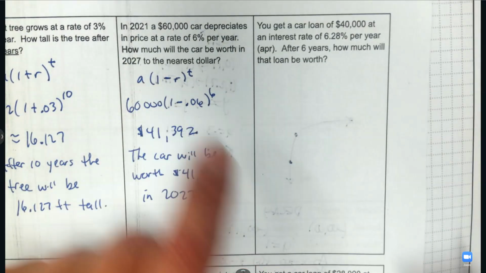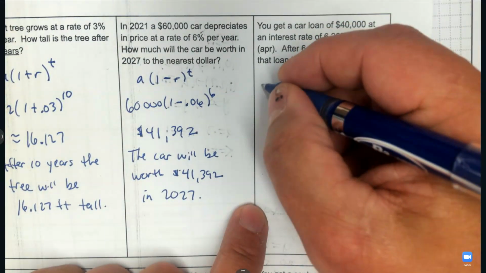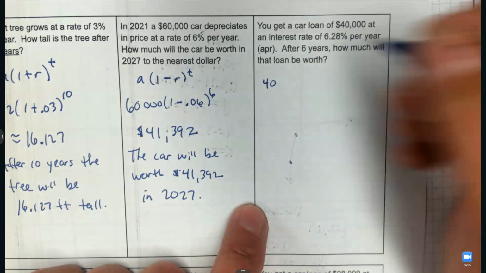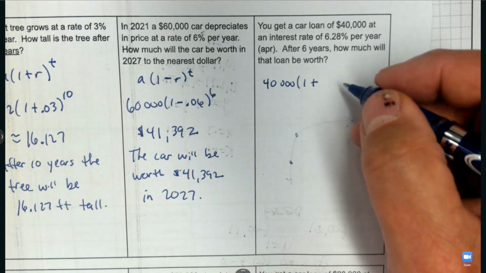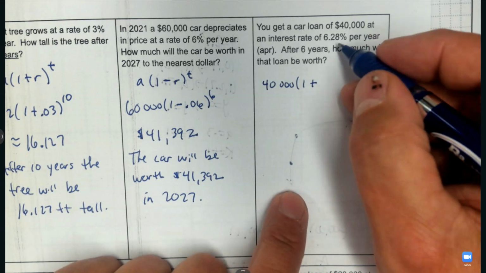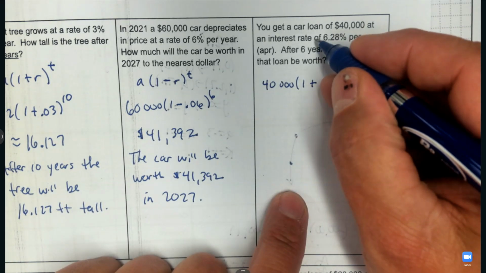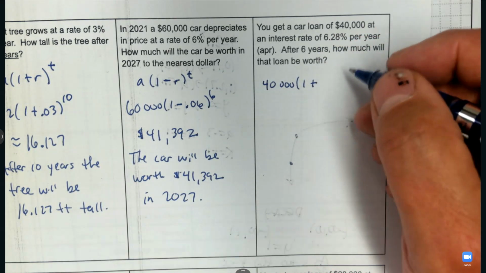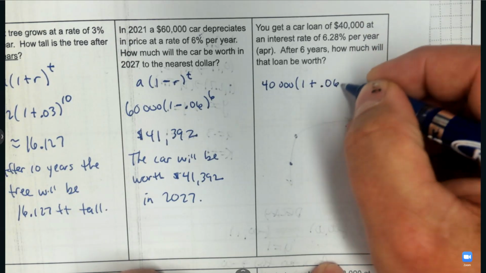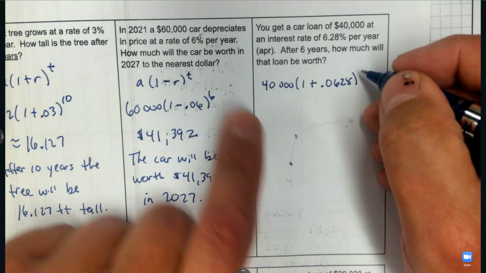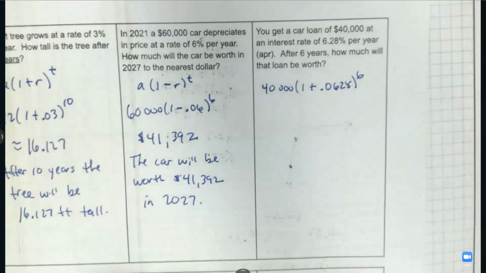So it's still this equation. So the original amount, which is $40,000 for the loan, we're adding because it's increasing in value. As a decimal, to get rid of the percent sign, we move the decimal 2 to the left. And then 6 years would be that.